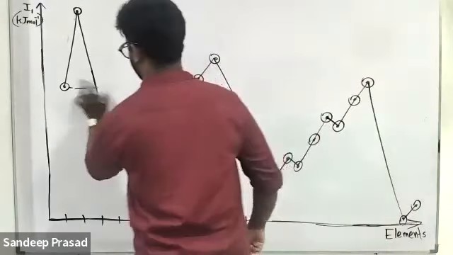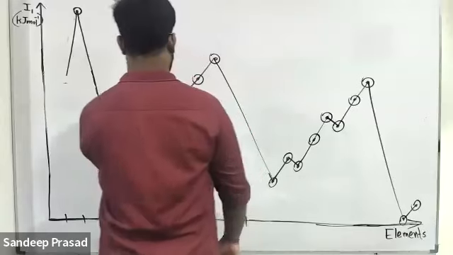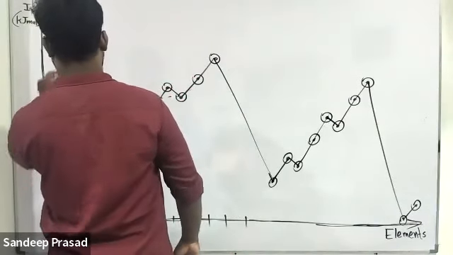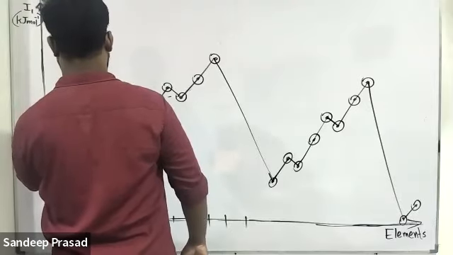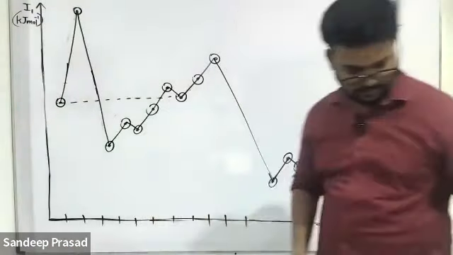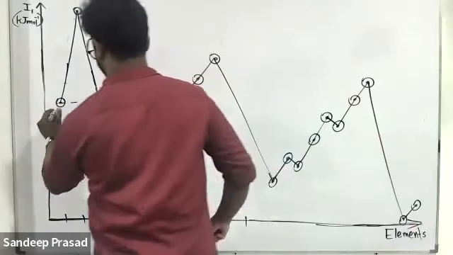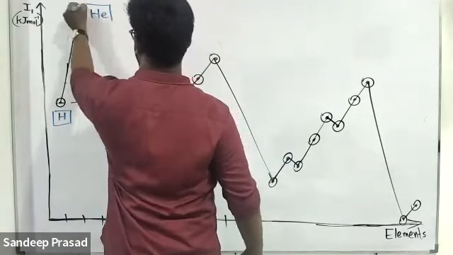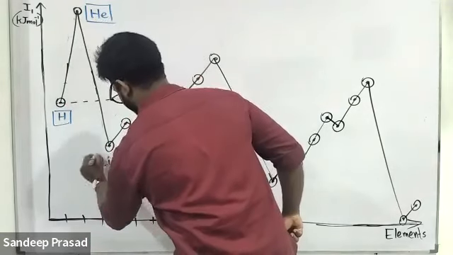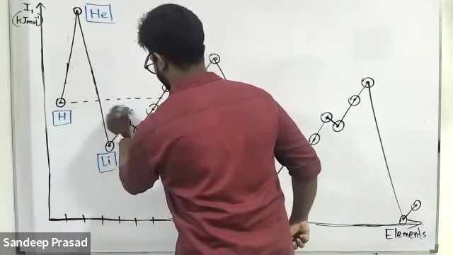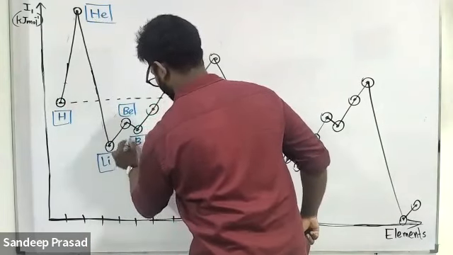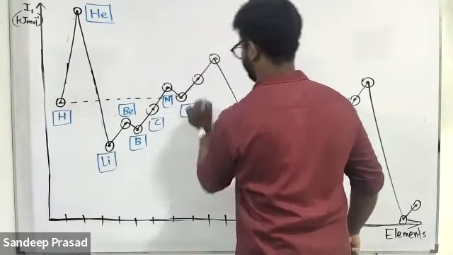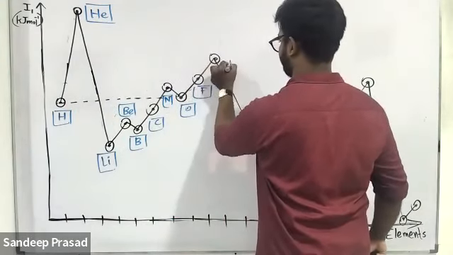Okay. So hydrogen, let's put that one in the plane of the same value for the oxygen. Right. Okay. Hydrogen, helium, lithium, beryllium, boron, carbon, nitrogen, oxygen, fluorine, neon.